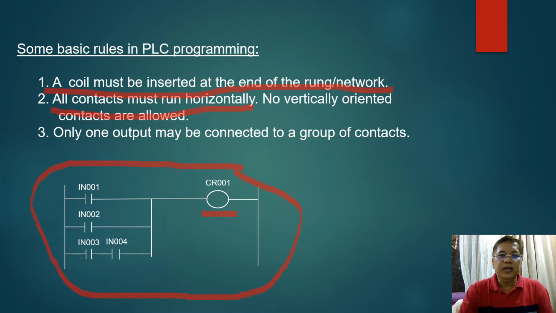The next rule is all contacts must run horizontally, and no vertical oriented contacts are allowed. Okay, so what does this mean? For example, this one, input 001 runs horizontally, then input 002 and input 003 and input 004 are in horizontal manner.